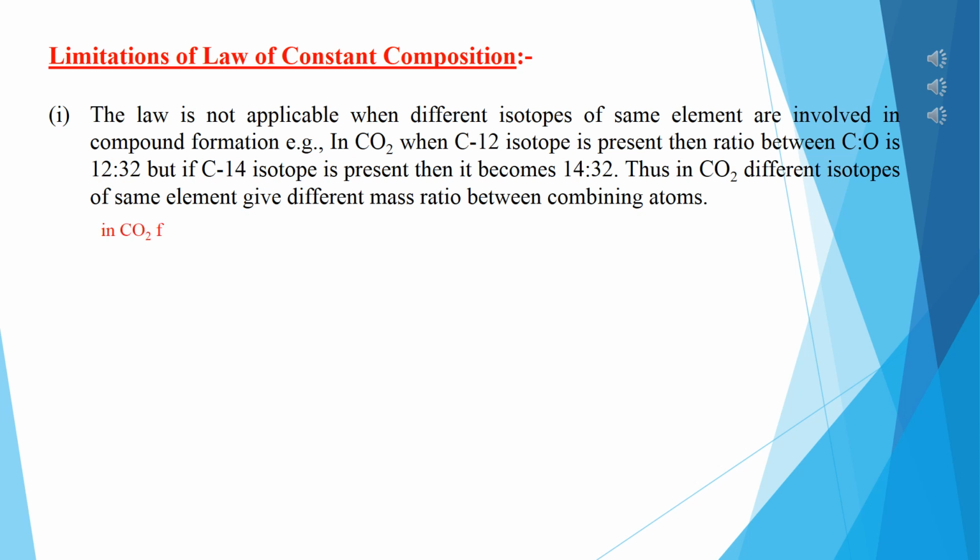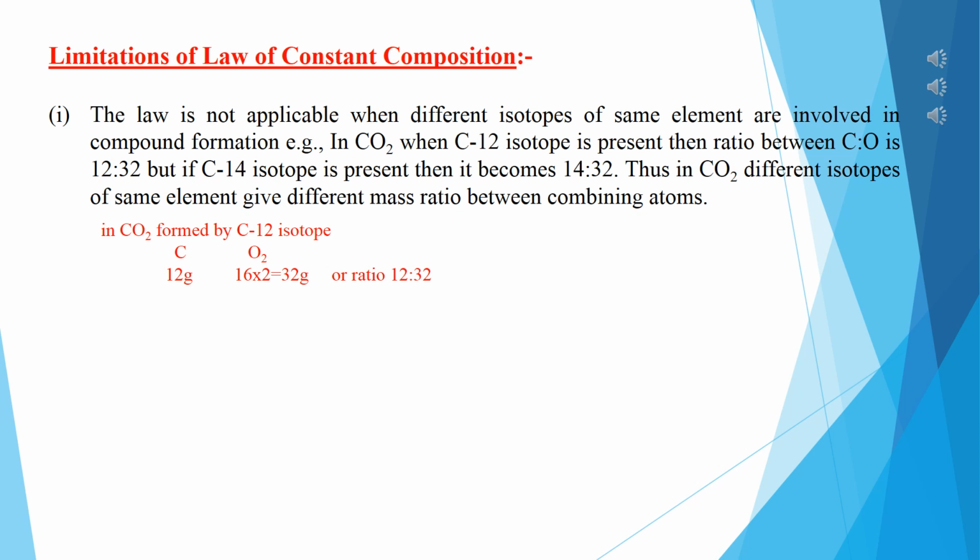As in carbon dioxide formed by the carbon-12 isotope, here the atomic weight of carbon is 12 gram and of oxygen is 32 gram. So the ratio comes to be 12:32.